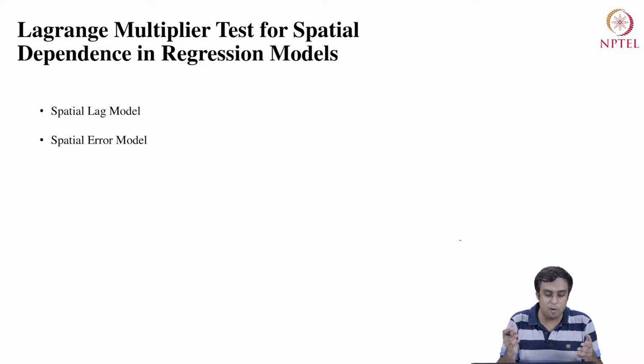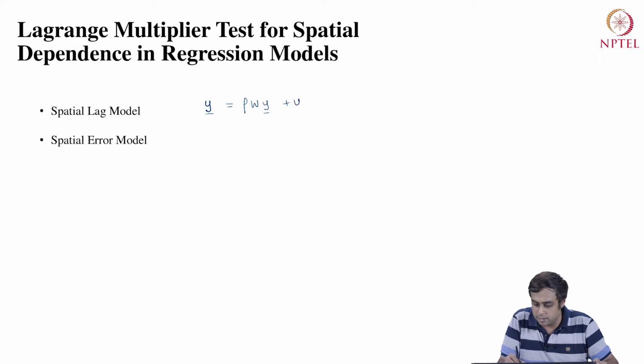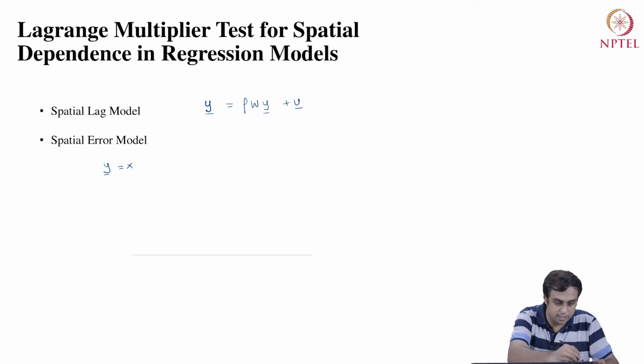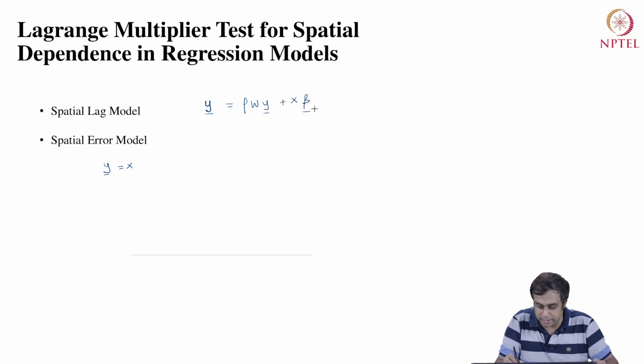that is the spatial lag model and the spatial error model. If you remember, the spatial lag model looked like this: y equals rho Wy plus u. Sorry, I missed something here: x beta.